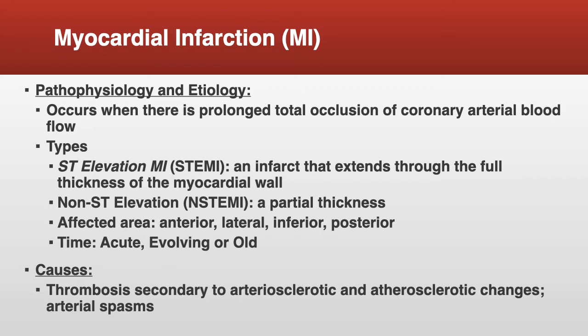And you also have an old MI, which means that the patient had an MI last month or last year. So when we discuss time, we mean acute, evolving, or old. Some of your causes are a thrombus secondary to arterial atherosclerotic changes, or arterial spasms.